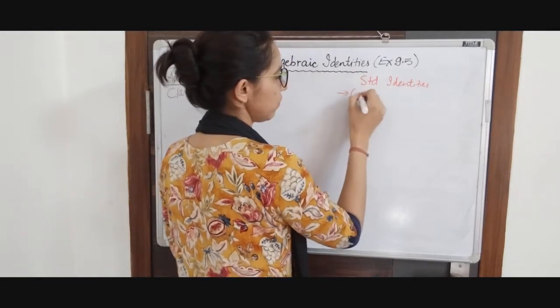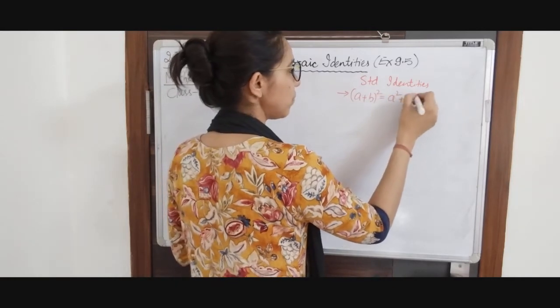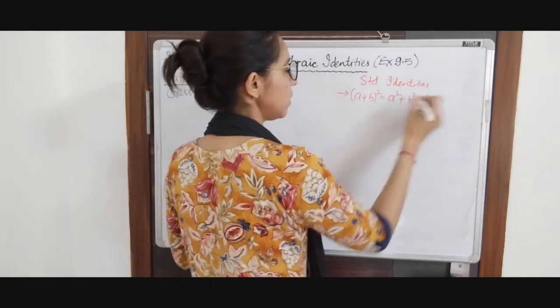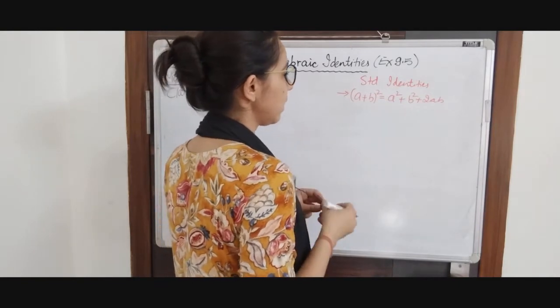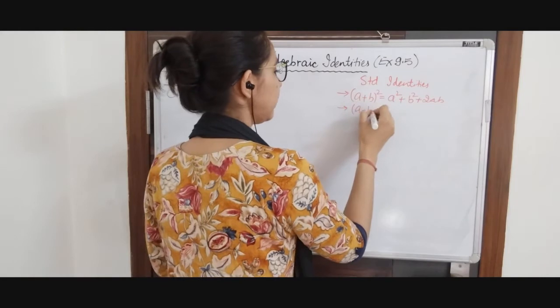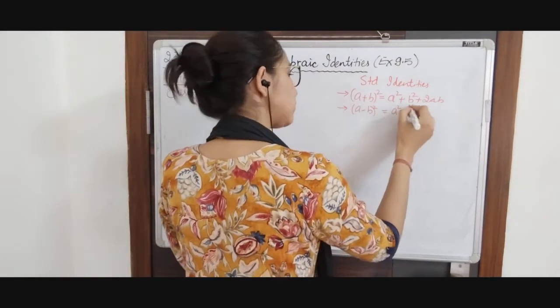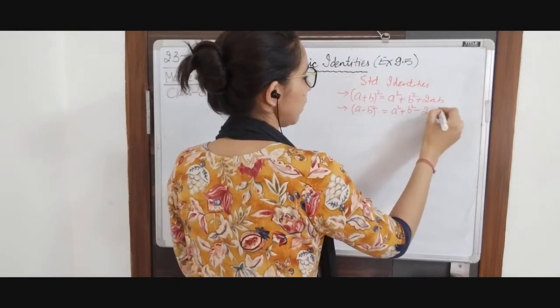First one is (a + b) whole square is equal to a square plus b square plus 2ab. Second one is (a - b) whole square, which is equal to a square plus b square minus 2ab.